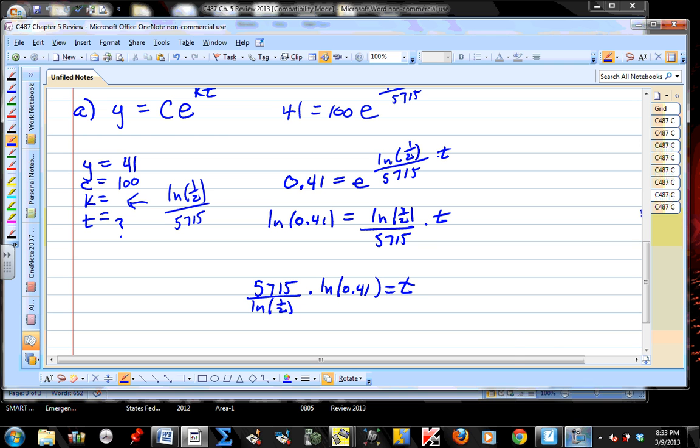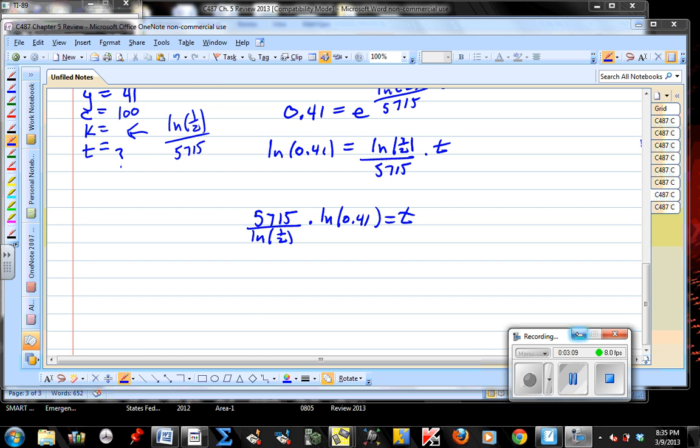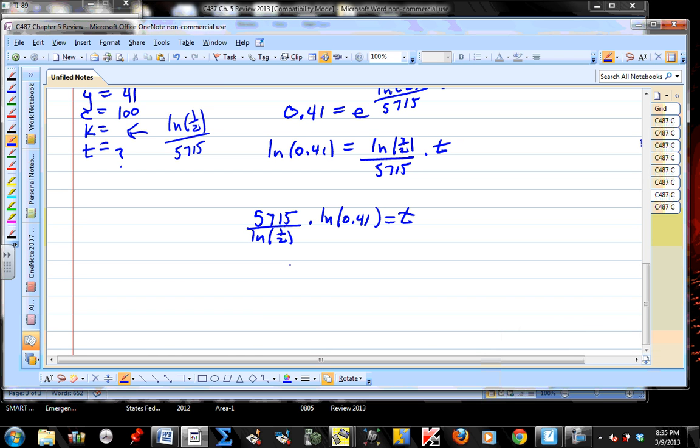Now it's calculator time. Of course, you could have solved this equation from the beginning with your calculator, but we're not taking the easy way out. We're practicing our skills. Now let's get that calculator. And we get t is about 7,351.228 years.